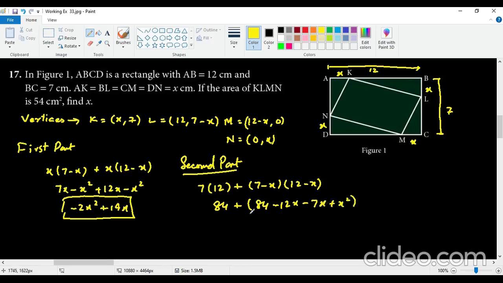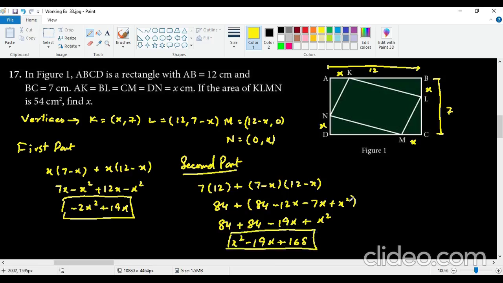Now when we expand the bracket or just simplify it, we get 84 minus 19x and plus x square. So when we solve this, we get x square minus 19x and plus 168. These are the two equations we get, first and second part.